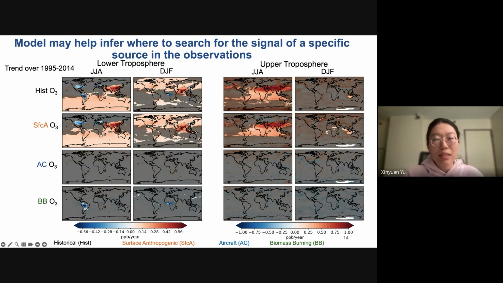We find that the large internal climate variability confounds the detection of the aircraft signal and also the biomass burning signal, except for the southern regions in the lower troposphere, which I mentioned, Central Africa and South America. But the results indicate that there is promise for us to detect the influence of surface anthropogenic emissions in the observational record in these unmasked regions.